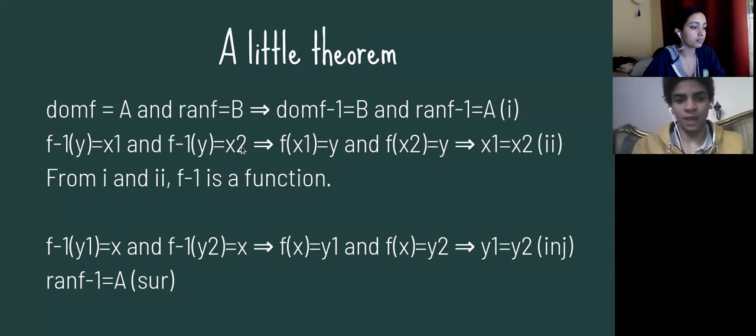Now, in this case, we're dealing with a bijective function, so f is a bijective function. And since it's bijective, it's also injective, because that's what bijective means, that it's injective and surjective. So we said that for injective functions, if f of x1 equals y and f of x2 equals y, then x1 equals x2. That's the thing that we said in the last session.